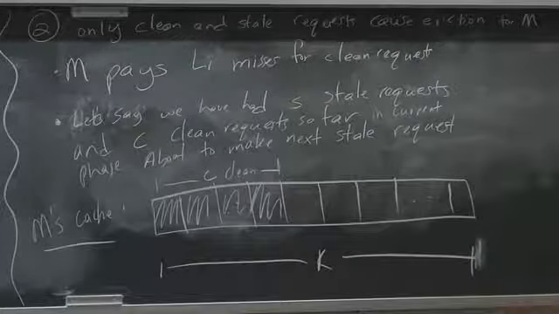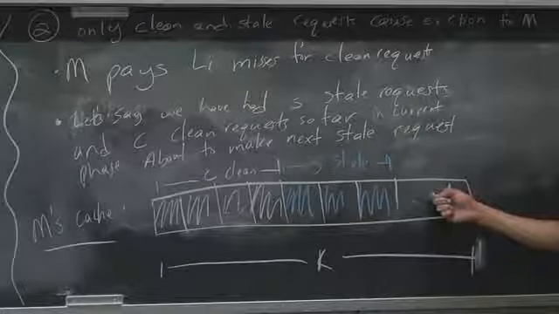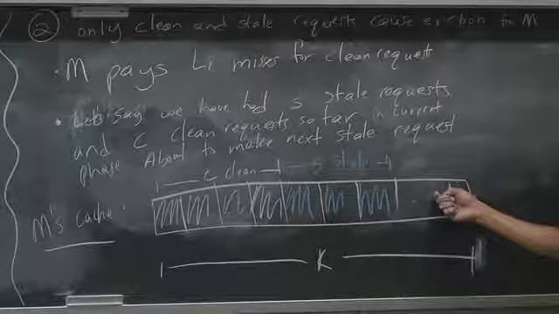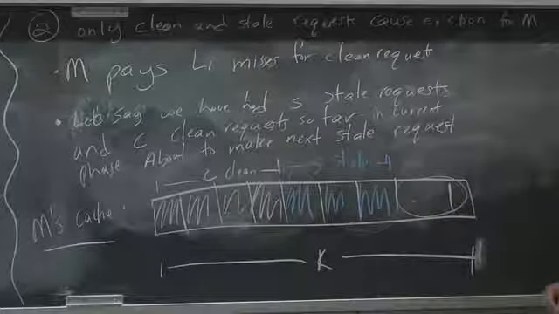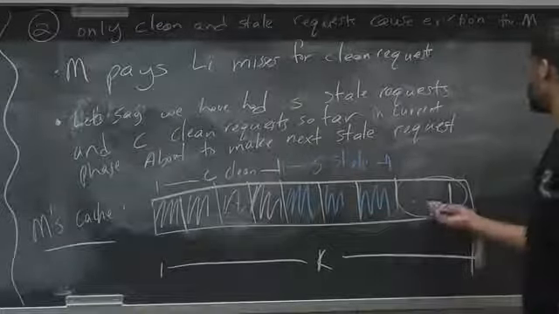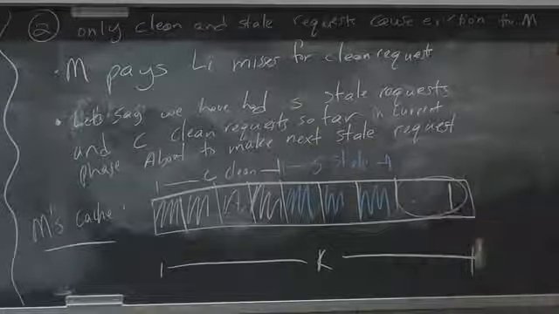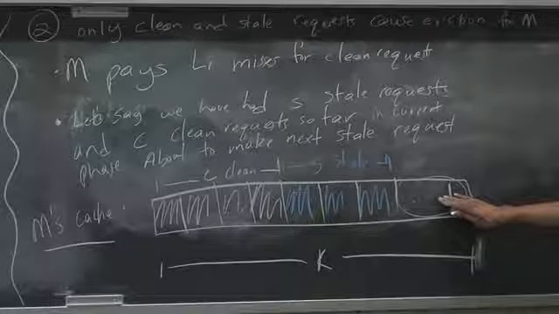So what can you tell me about what kinds of pages are the ones that are left here? They're stale, exactly. They've been requested in the previous phase, but not yet in this phase. And remember, when these things are brought in, random things are evicted.